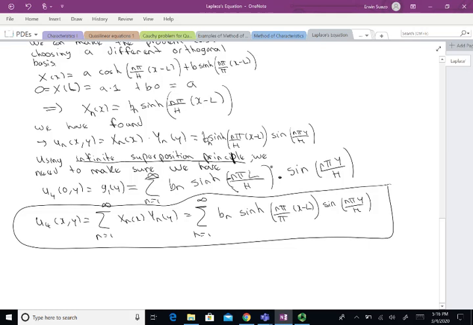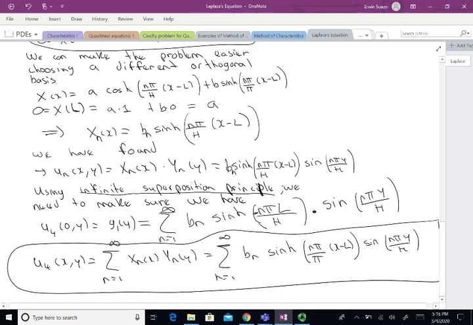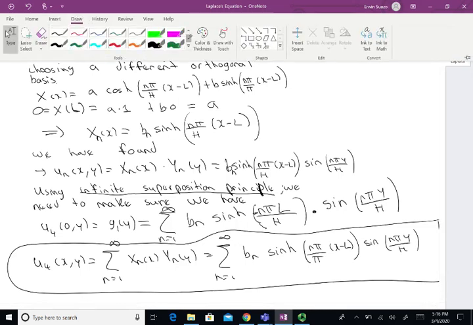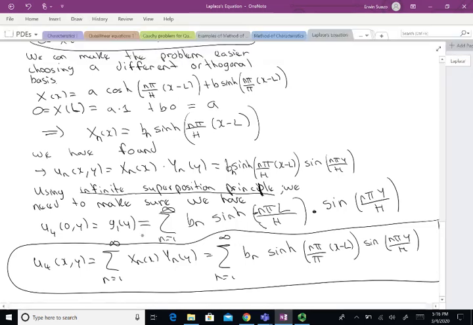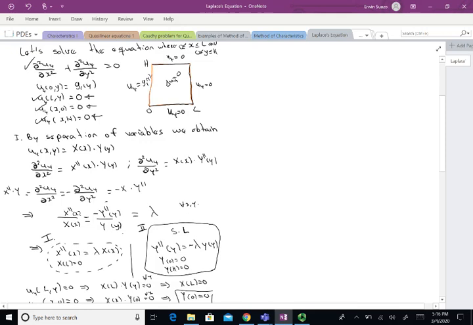But now notice that this is a Fourier series, right? This is a Fourier series because these are constants. This is a_n for a Fourier series. So to solve this problem, we need that g can be expressed as a Fourier sine series.